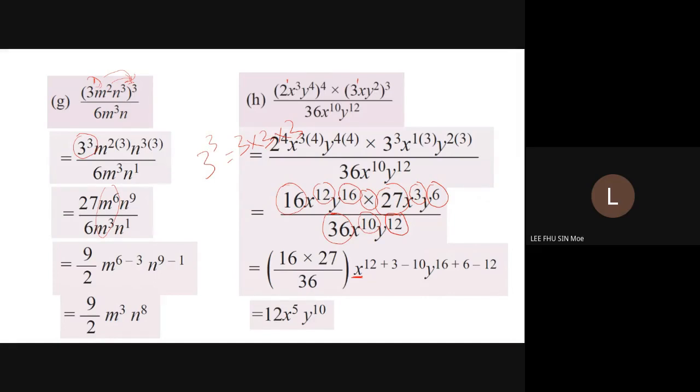So maybe I give you some exercise for the easier questions because maybe this one's quite complicated. I took this one from the textbook. You can refer to your textbook. We do it one by one. 4, and this one no number, right?